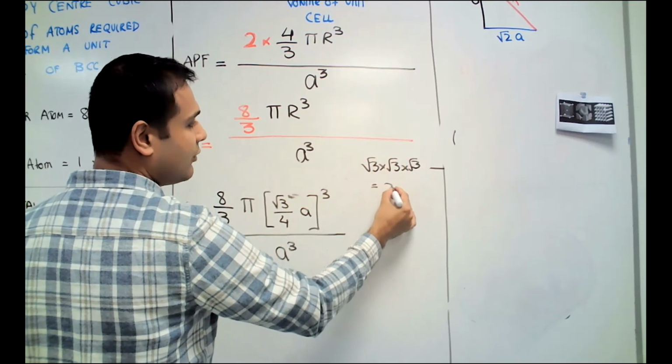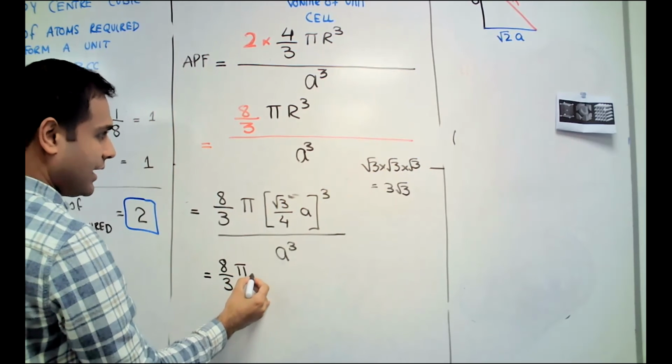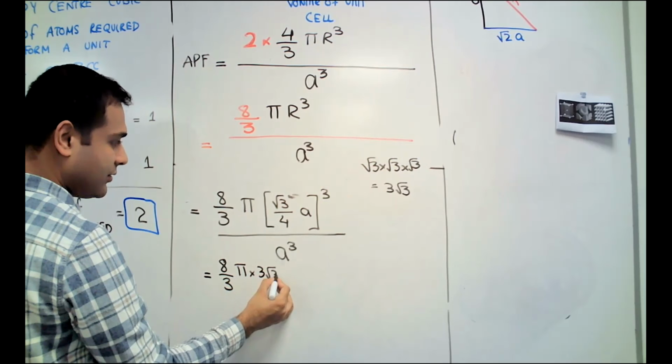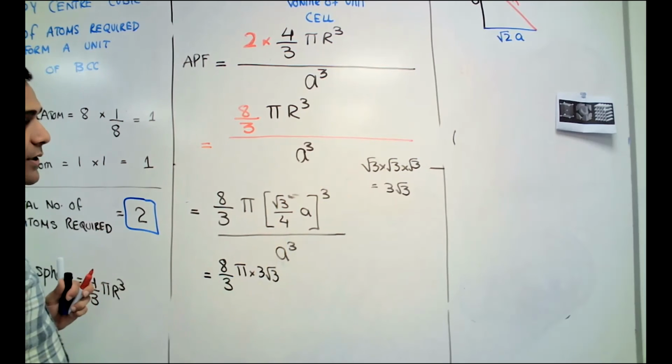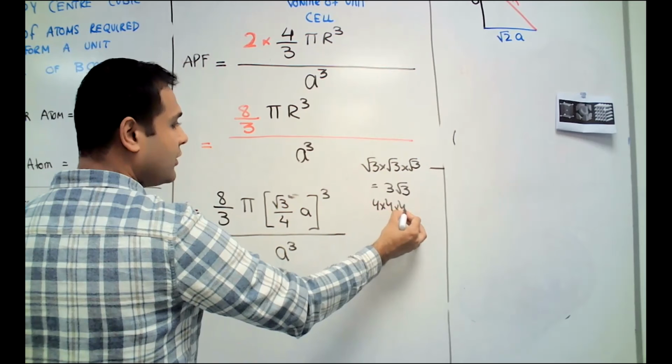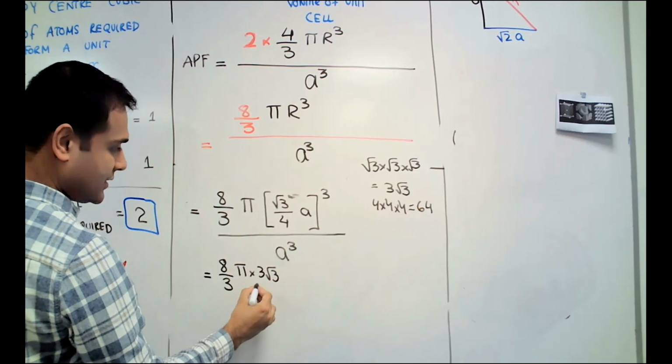If you simplify, that will be 3√3. If you put that in a calculator, that's the answer you get. And when I cube the 4, it's going to be 4 times 4 times 4, which is 64. So I need to write down 64 underneath.